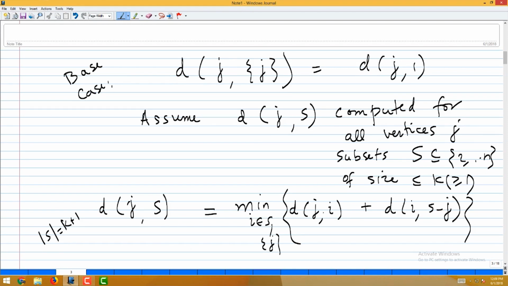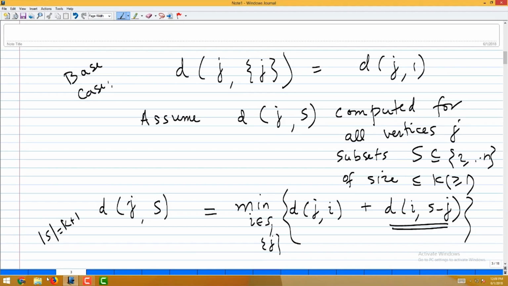This can be proved, because if you take any optimum path that starts from j, visits every vertex of S and goes to 1, and that optimum path goes to some particular i first, then whatever is remaining must be D(i, S minus j). This is already computed because it is a smaller sized set, so you just have to pull it out from here.